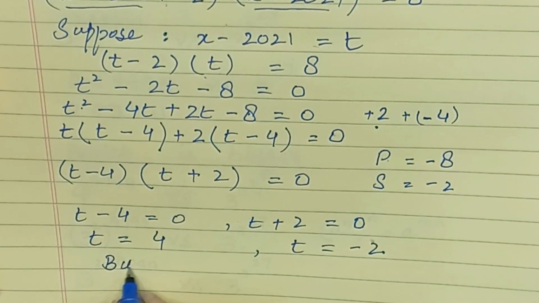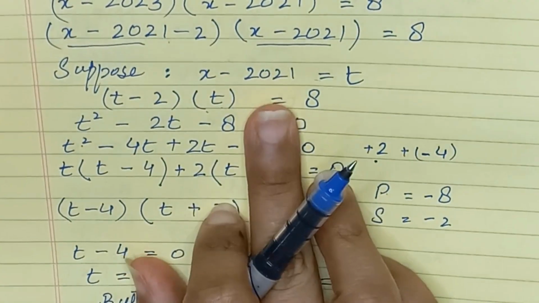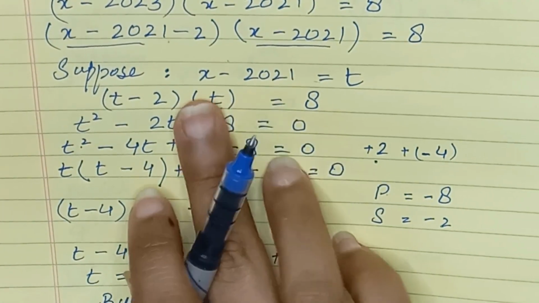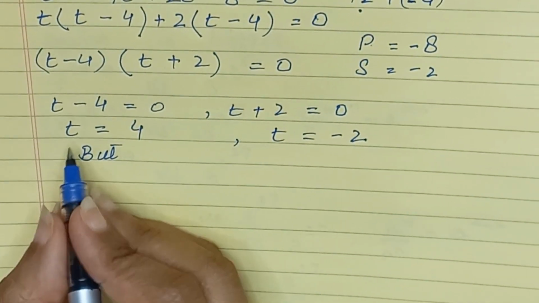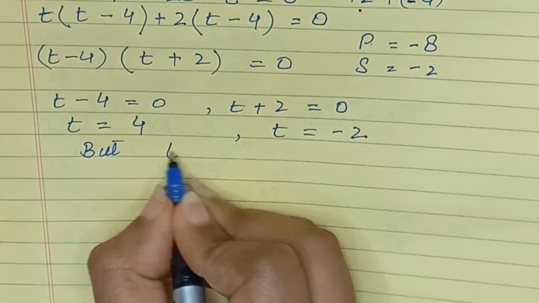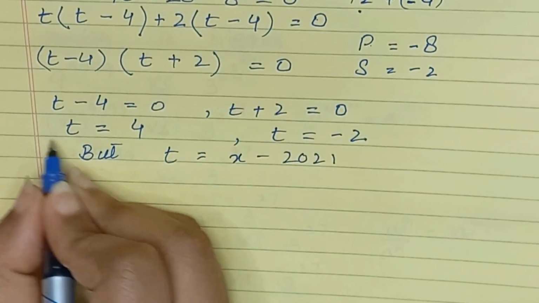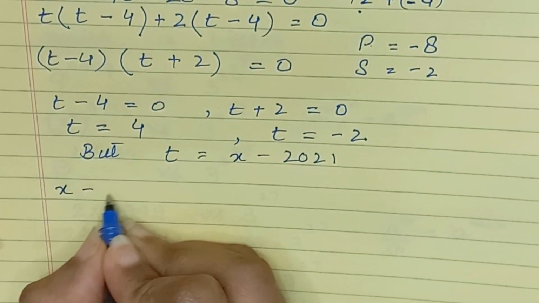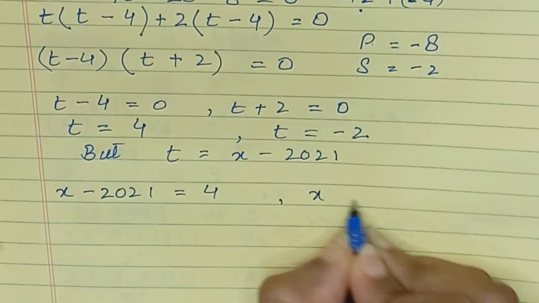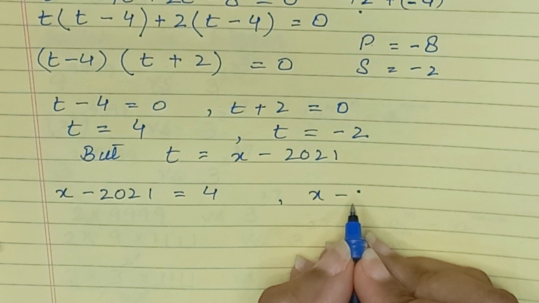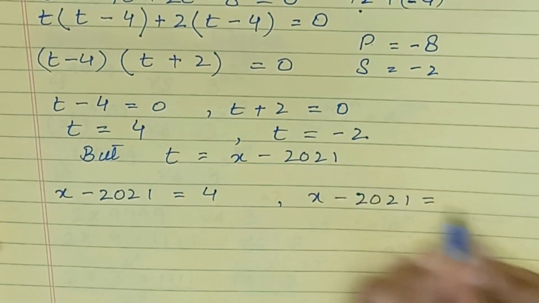But the value of t is x minus 2021, so we will put the value of t here. So it will become x minus 2021 is equal to 4 and x minus 2021 is equal to minus 2.